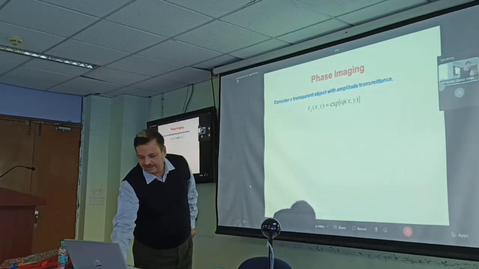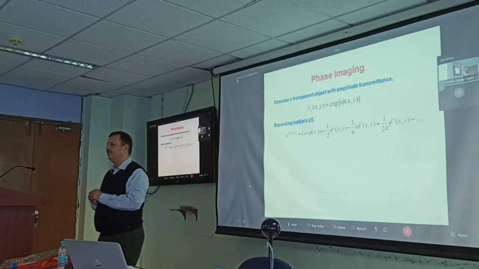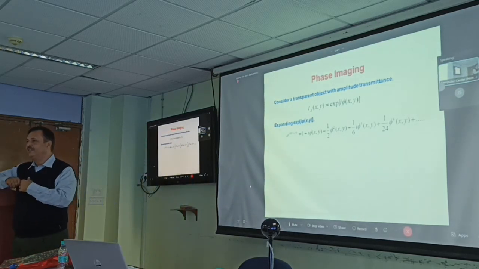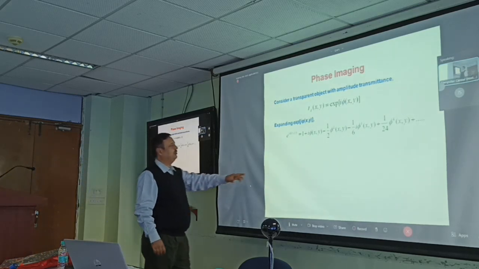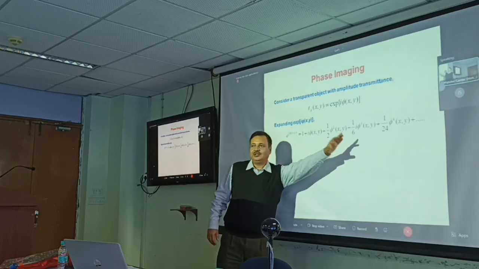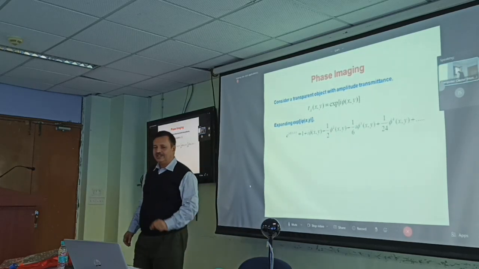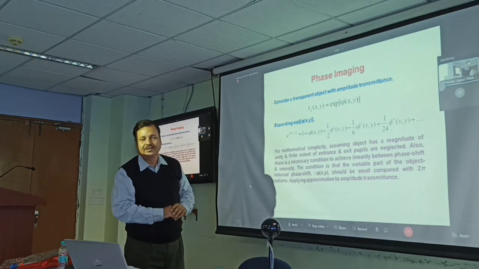This is the way we can represent a phase object. Now, any exponential function, e to the power x, can be expanded in this way. This is how it has been expanded, e to the power i phi(x,y): 1 plus this, second term, third term, like that. Zernike suggested you take it up to the first order only.